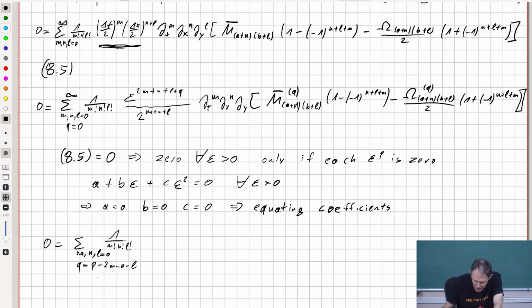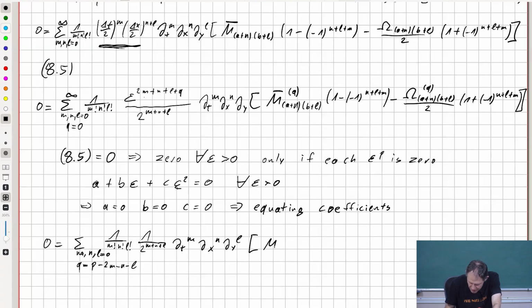So I don't need to include this here anymore because this can be factored out. The only thing I have to include here is 2m plus n plus l, and now comes dt m dx n dy l.